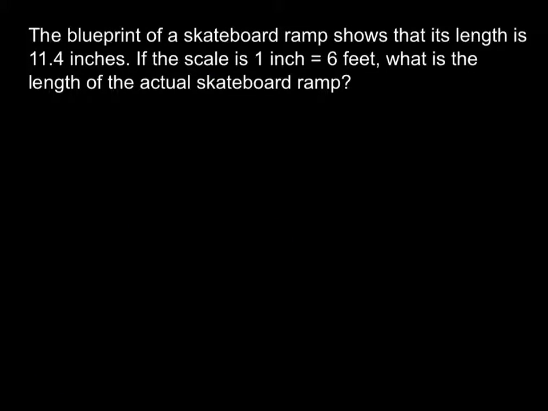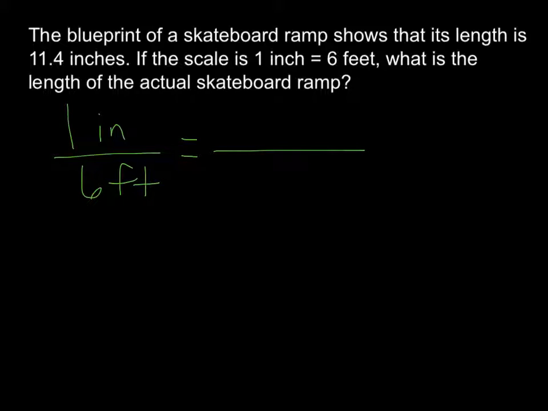Okay, so this tells us the blueprint of a skateboard ramp shows that its length is 11.4 inches. If the scale is 1 inch equals 6 feet, what is the actual length of the skateboard ramp? And so we're going to start by saying, okay, the scale says that 1 inch is the same as 6 feet, but we want to know how many feet our skateboard ramp is if on our model or on the blueprint it's 11.4 inches.